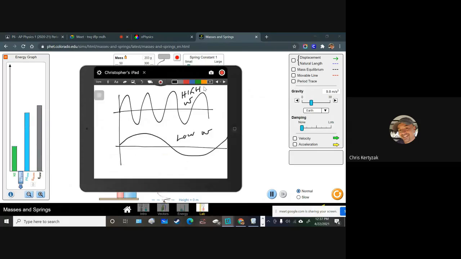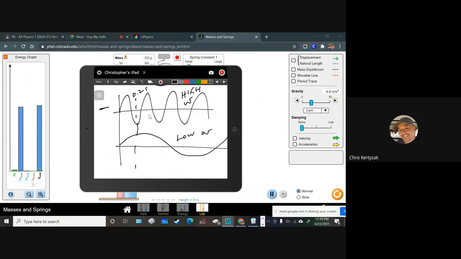If I drew a dotted line here, I'd say, boy, this top one went through its cycle in like, I don't know, 0.2 seconds, while this other one barely even went through a small portion of a cycle in the same 0.2 seconds, right? So omega visually is how compressed these graphs are.